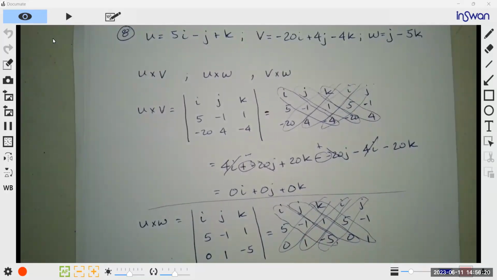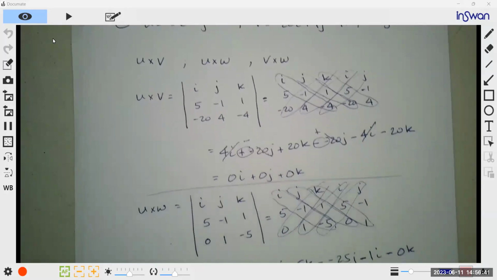Negative, negative is positive. 5i plus 0j plus 5k. Now minus these: minus 25j minus 1i minus 0k.